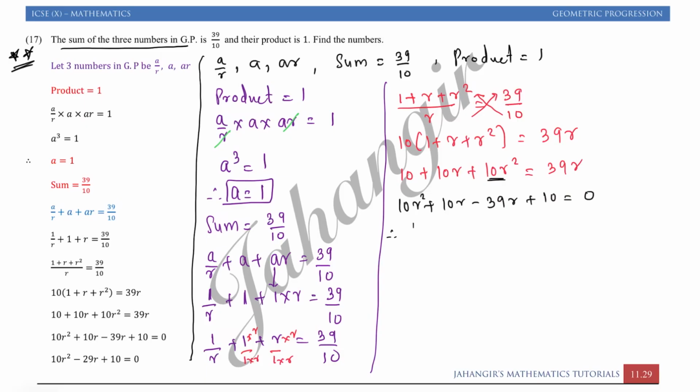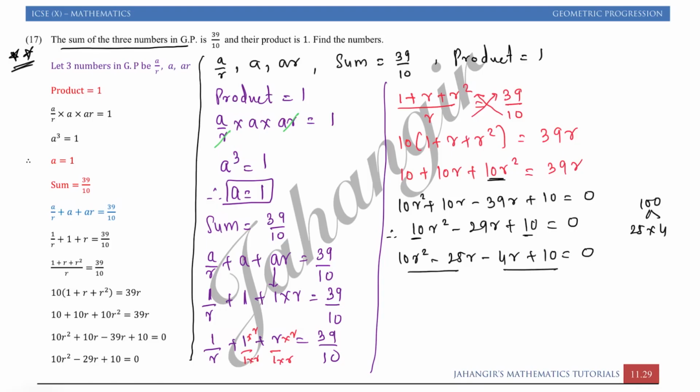Factorizing: 10 into 10 is 100. The factors of 100 are 25 and 4. So 10R square minus 25R minus 4R plus 10 is equal to 0.